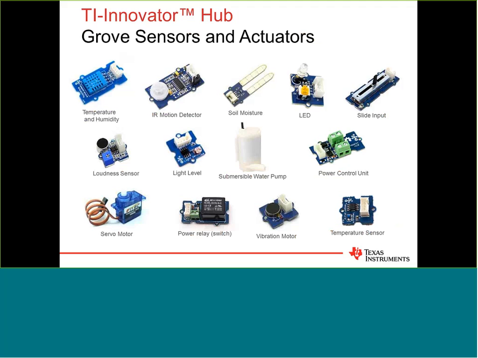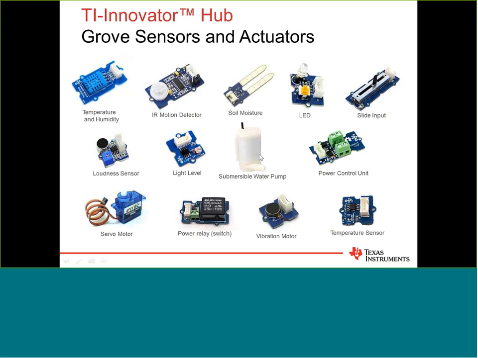Some of the sensors that can be plugged into the Innovator are input devices where we are measuring things like temperature, motion from an infrared body heat, soil moisture. This is an example of an output device turning a LED on. This is an input device, a slider. There are input sensors that can measure the loudness of a sound or the brightness of a room.